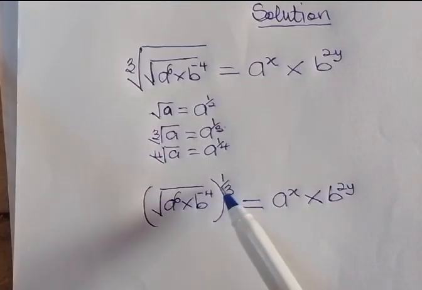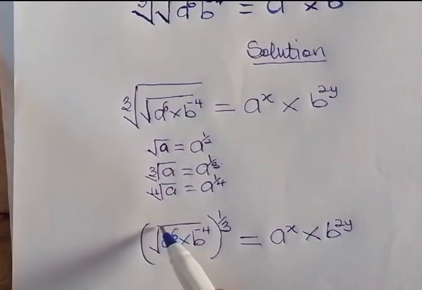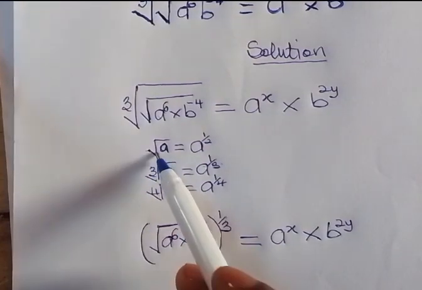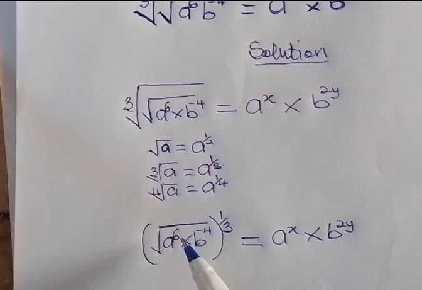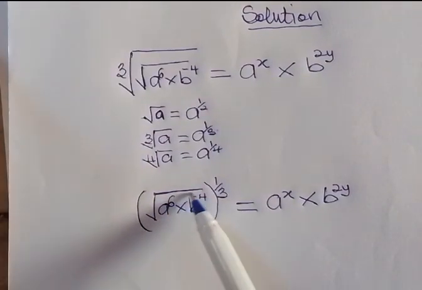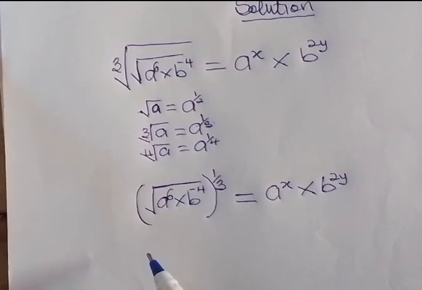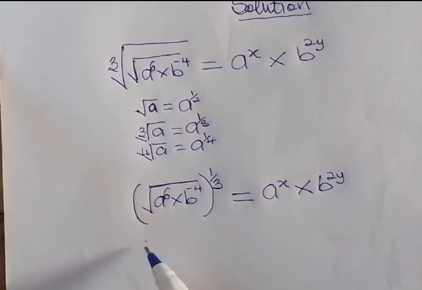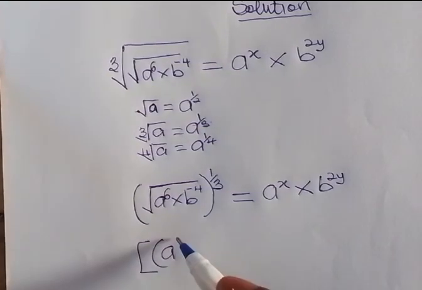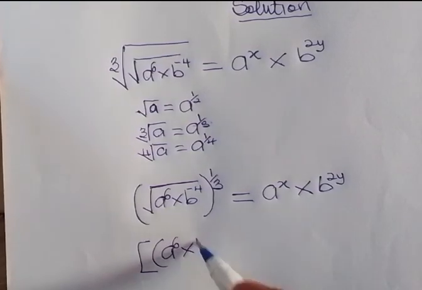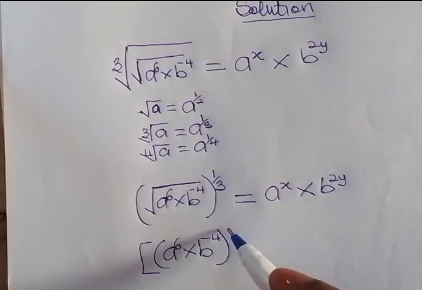Good. So since we have been able to change the cubic root in this form, we also have the square root. And remember, I said if you have a square root of any value, it can also be expressed in this form. That means you can also express the whole of this in this form. So I have a exponent 6 times b exponent -4, all to the power of what?